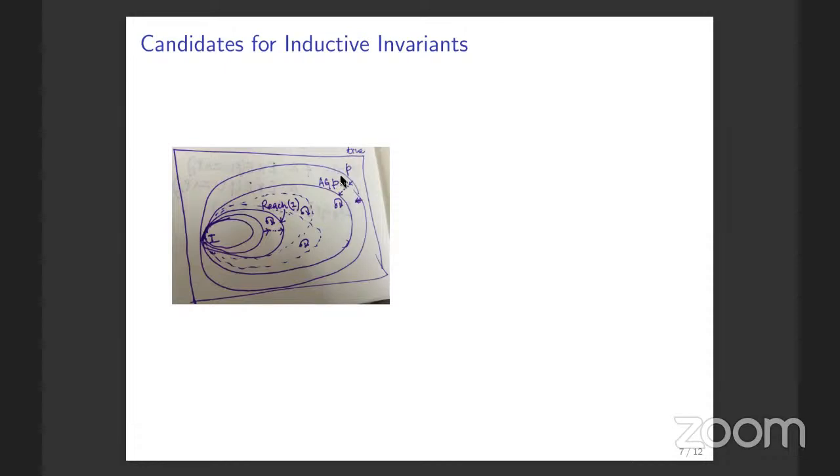So what it does is it removes those from P. So in some sense it is the reachable diameter: the largest reachable distance from any P state to a not P state.